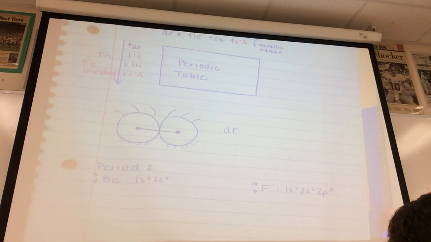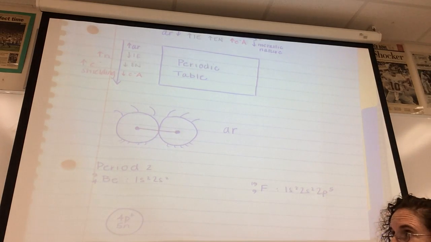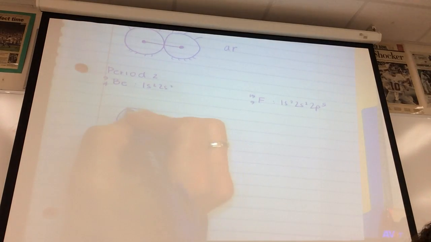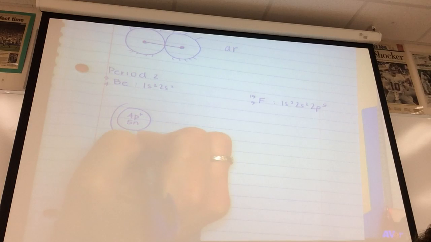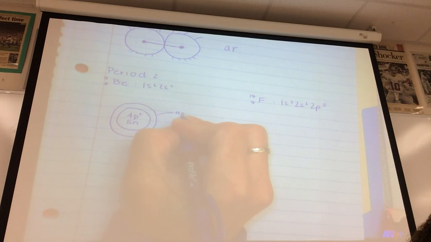Here we go. Beryllium: 4 protons, 5 neutrons. This first ring here, which isn't very good, represents n equals 1.